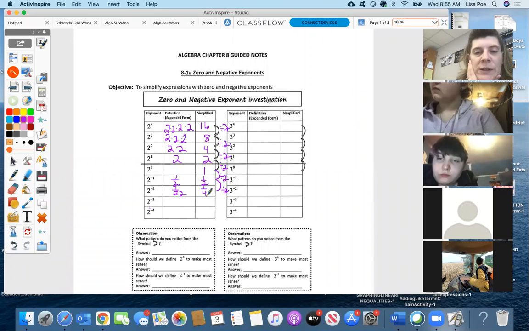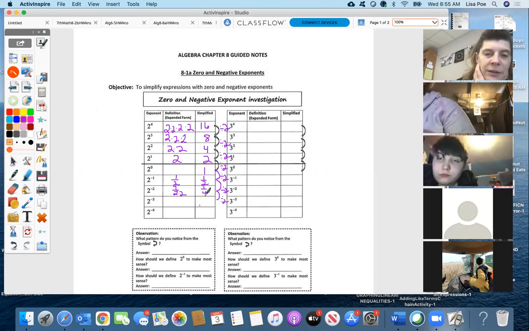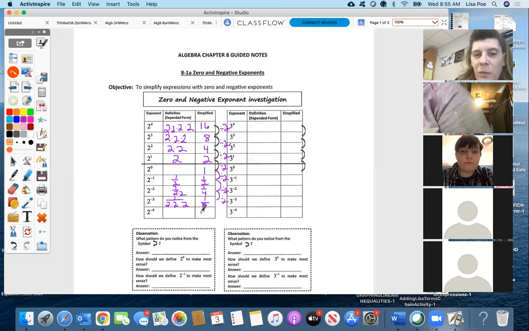And then what is 2 to the negative 3rd? We have to divide by 2 again, which is 1/8, because that's 1 over 2 times 2 times 2. So what do you think 2 to the negative 4th is going to be? 1/16.